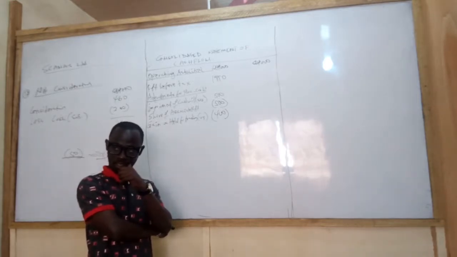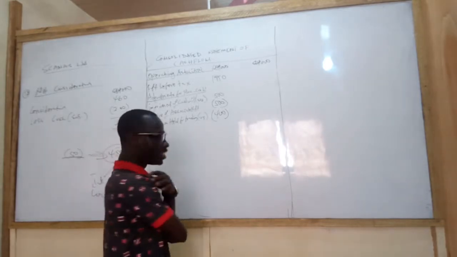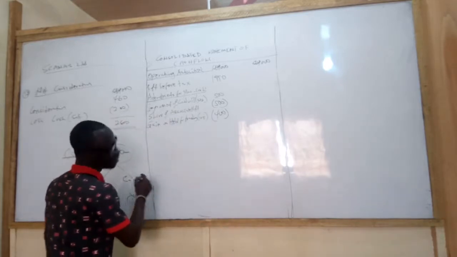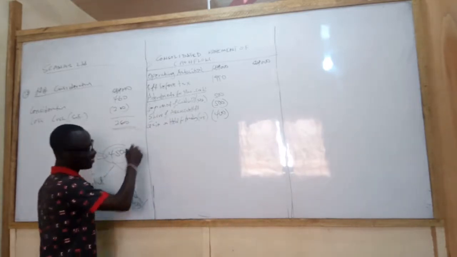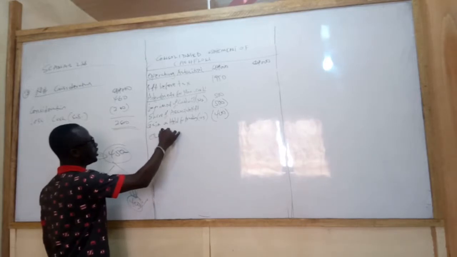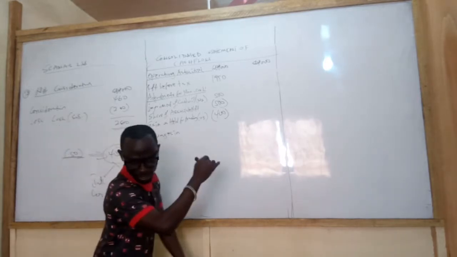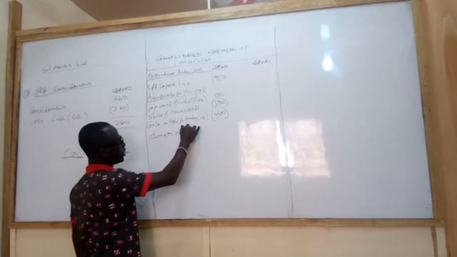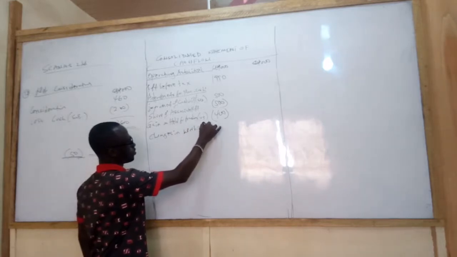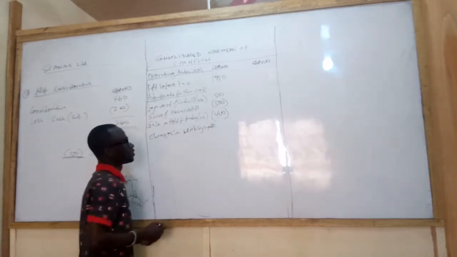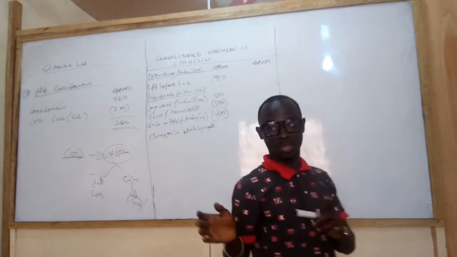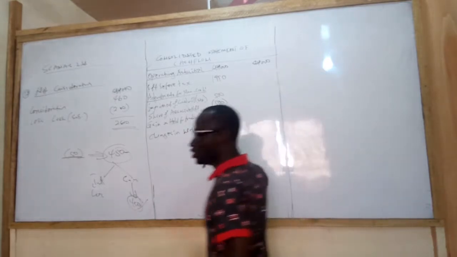Then your question is wrong. You can't see share of associate profit in the income statement when we have just used it. So we go to changes in working capital.